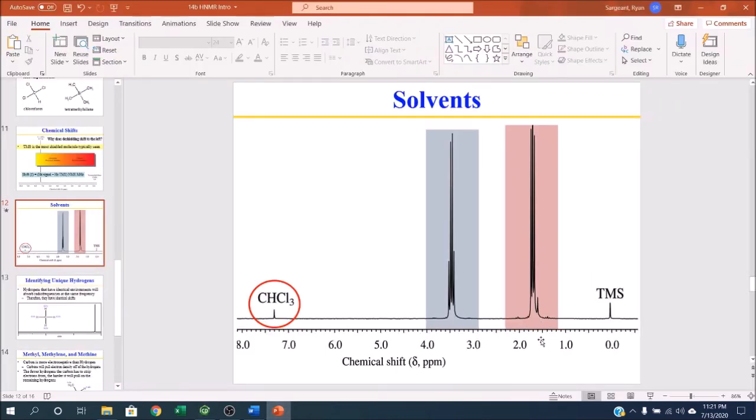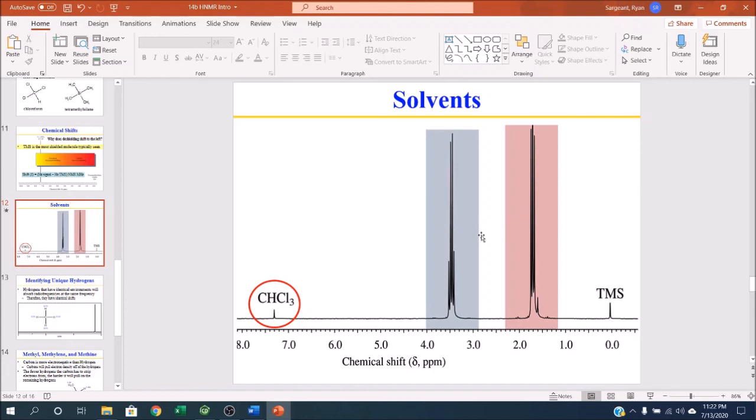So when we look at this NMR spectra right here, the ones that are closest to TMS, the ones with the most electron density, will be those methyl hydrogens. The ones that are more deshielded and closer to chloroform are going to be the methylene hydrogens, the ones that are closer to the chlorine.